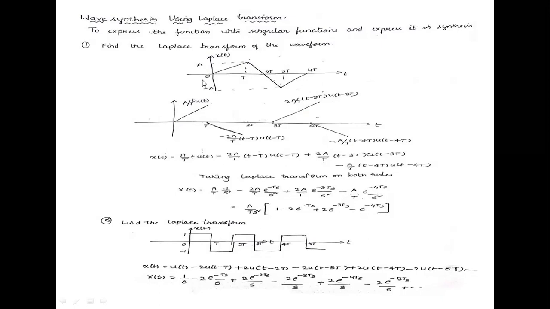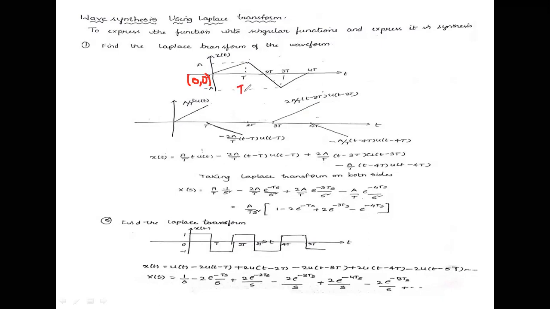Take 0, 0 as the origin in the first quadrant; T is on the x-axis and A is on the y-axis. So take the first point x1, y1 and the second point x2, y2.